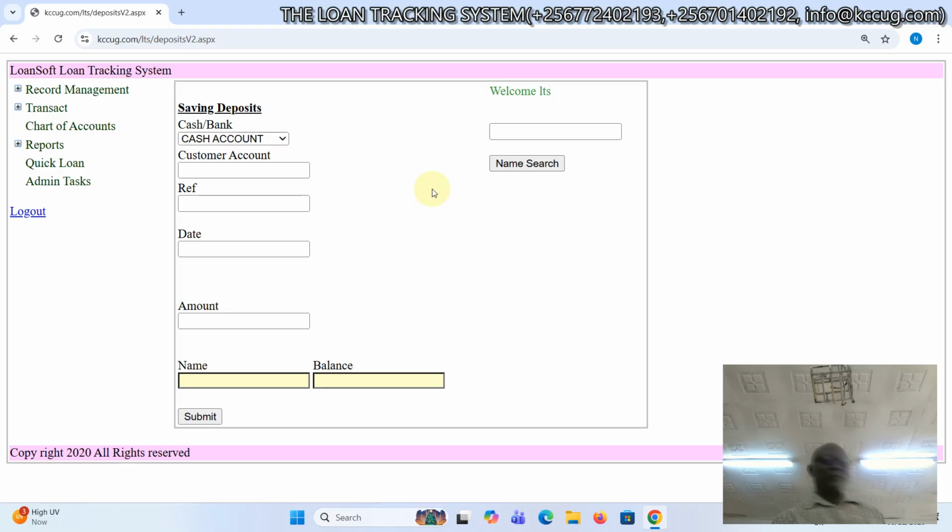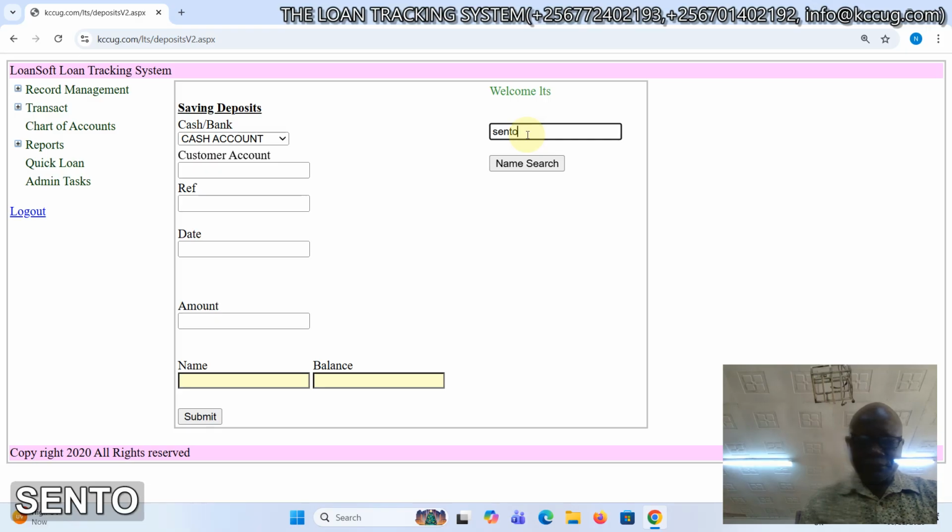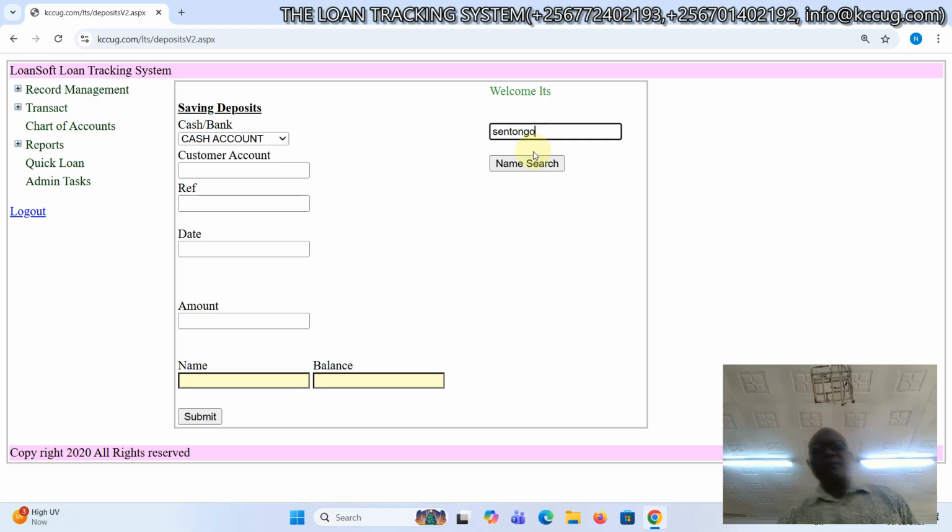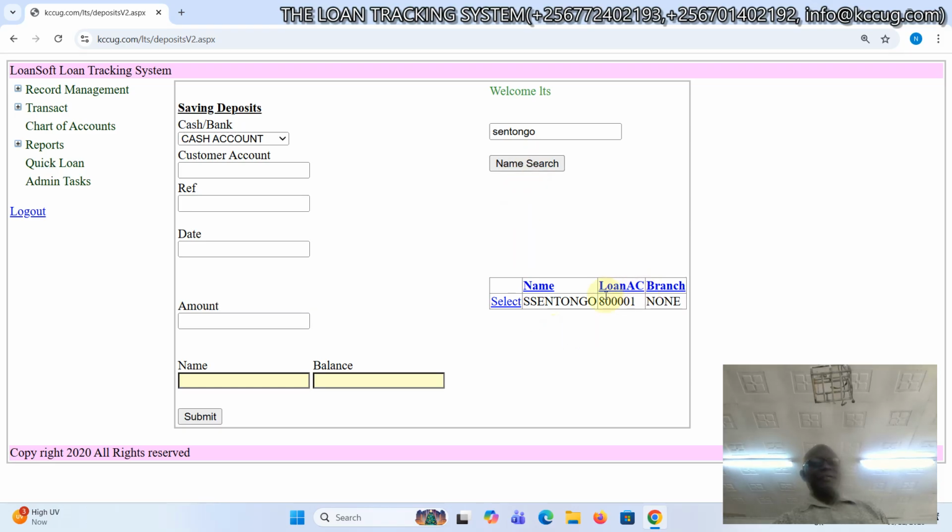Let us assume that it is Sentongo who is depositing 100,000 shillings on his savings account by cash. So it's Sentongo here. Names. Okay? So you find that it is showing only the savings account. Click on.